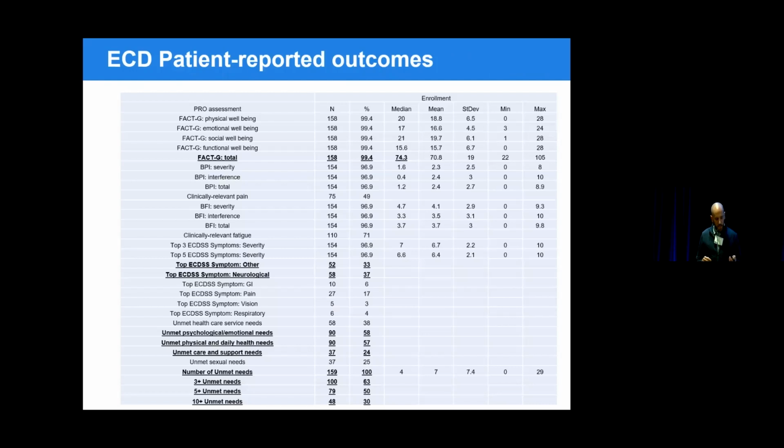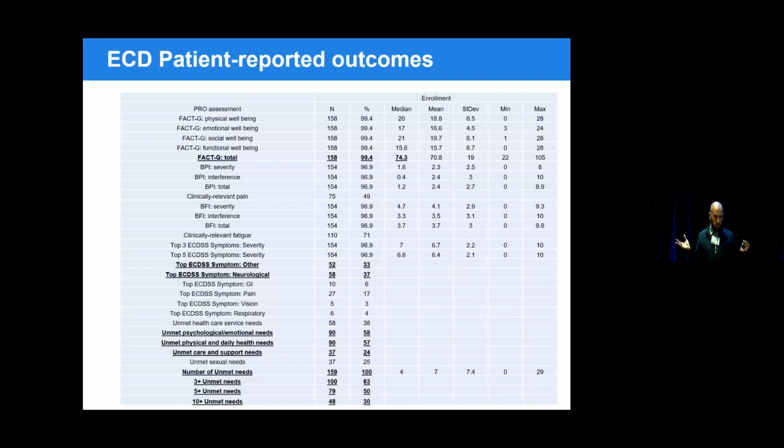We've looked recently at self-reported symptoms in my registry, and this is appearing very small, I realize. The FACT-G is an overall quality of life measure, and the bold number there is 74.3. So in 158 patients, the average overall quality of life score is 74.3, but this survey actually has what are called norms.